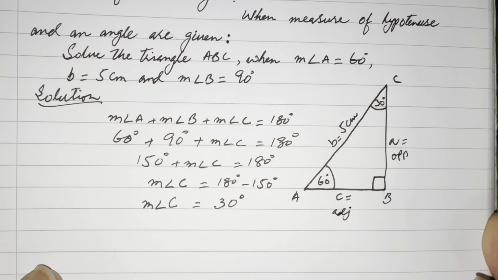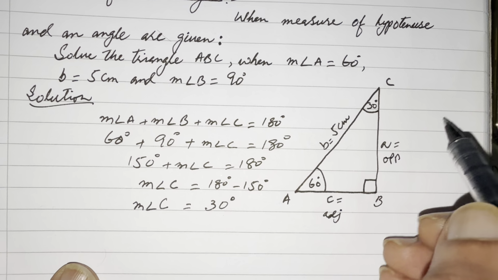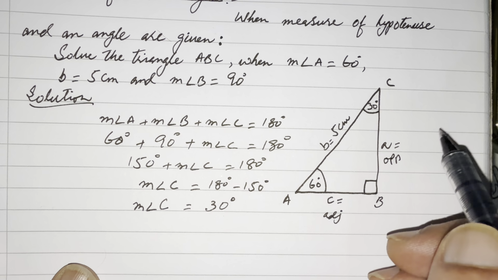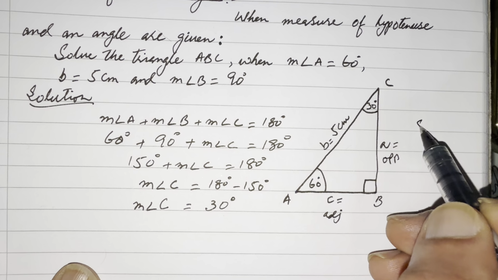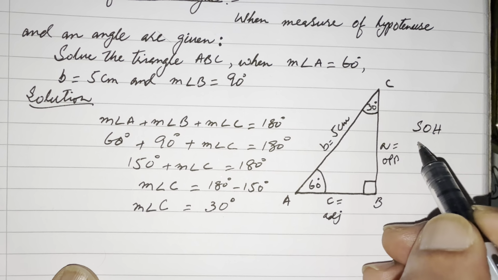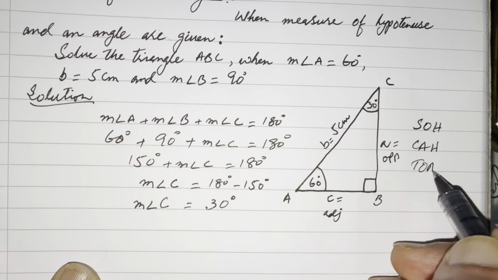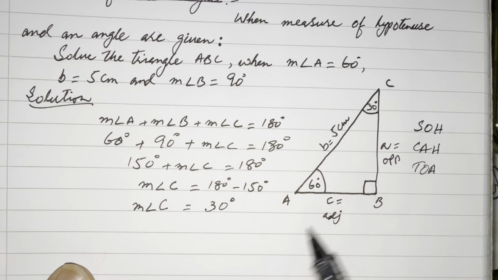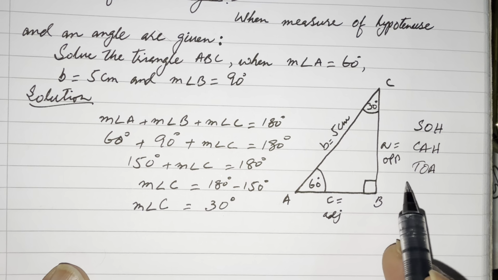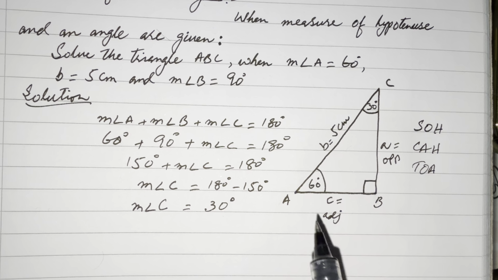We know the rule that to find the lengths of the sides with the help of trigonometric ratios, we use these three words: SOH, CAH, and TOA. With the help of any one of these, we can find the lengths of the sides.